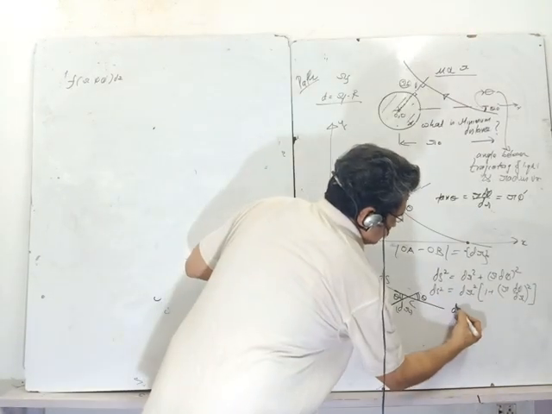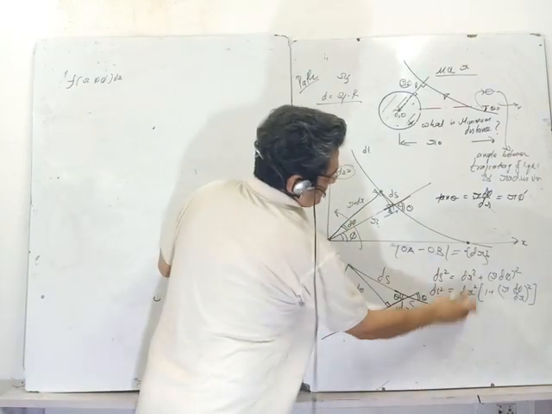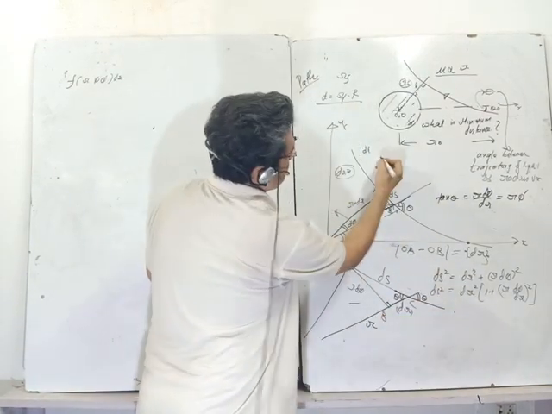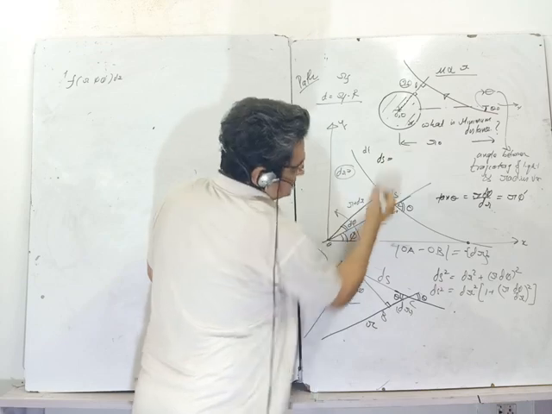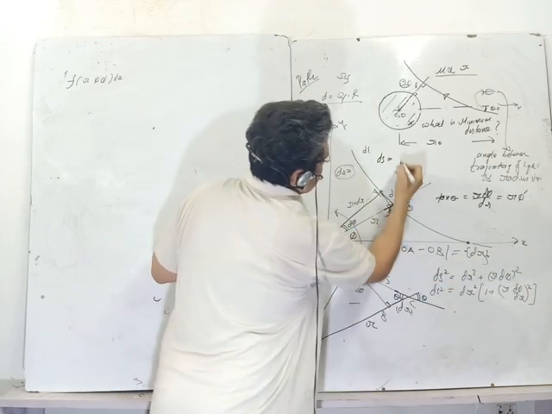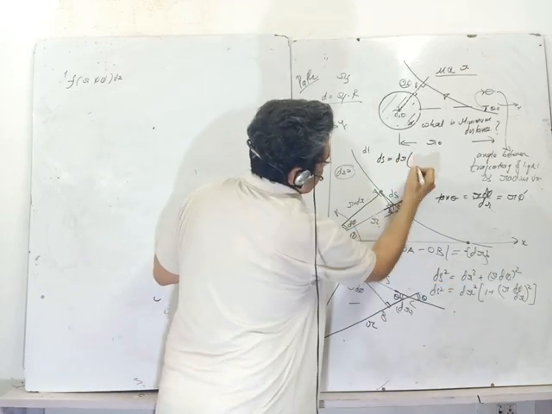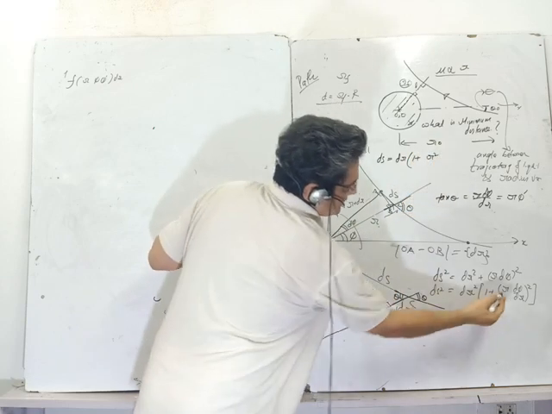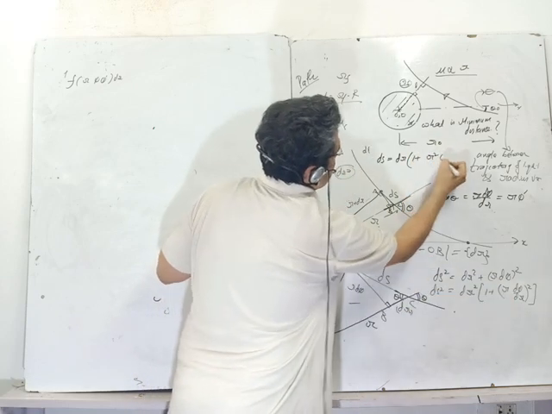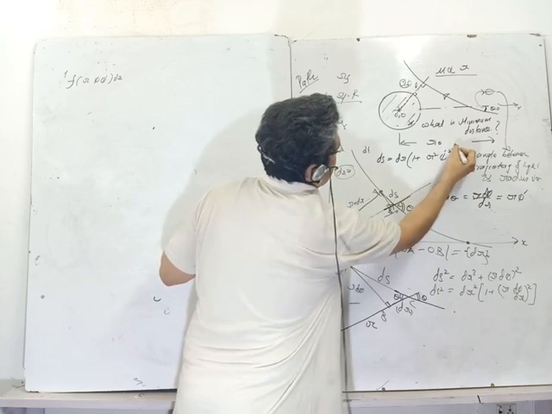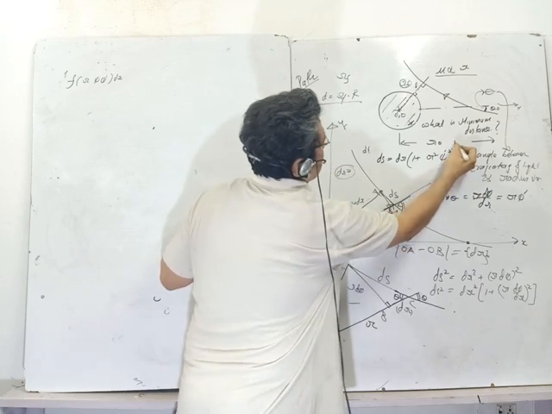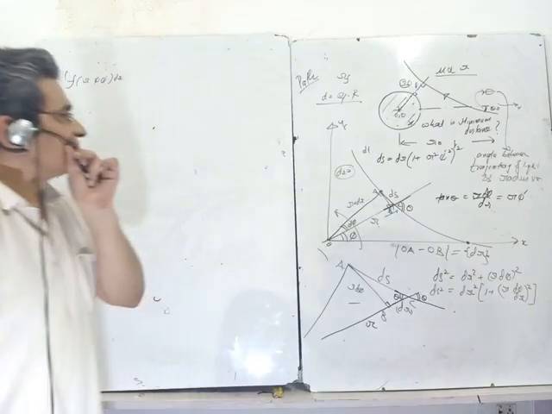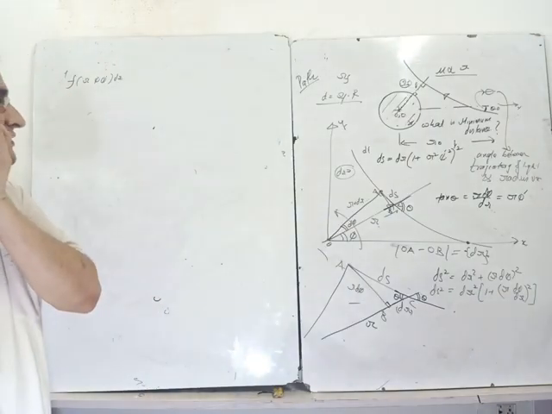Let me write this equation here, I don't know whether it is visible very clearly. ds is equal to dr times the square root of 1 plus r squared, and d phi upon dr is phi dash, squared. That is, the square root of 1 plus r square phi dash square.